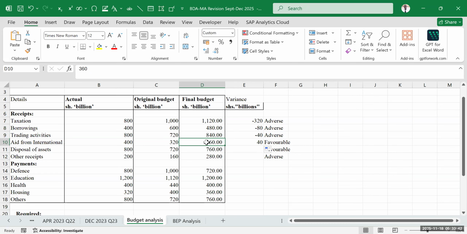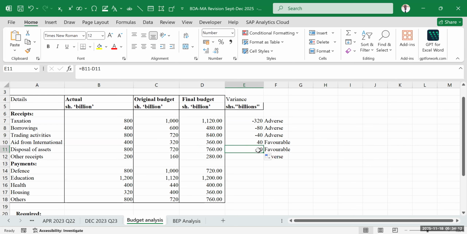But they gave us 400 billion, meaning they gave us some amount in excess of what we expected by 40 billion. So that is favorable. We are happy people. If I check on disposal of assets, we expected to get in return 760 billion, but we've realized 800. So we've gotten more than what we expected. That is a favorable of 40 billion.